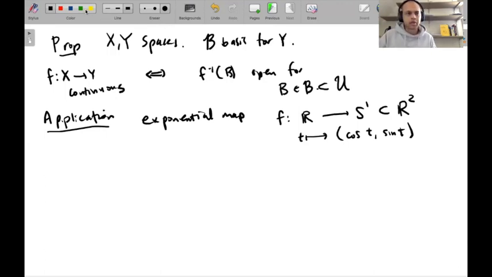This is called the exponential map because if we view R as C, then we can write this as e to the it. But okay, let's prove that this map is continuous.